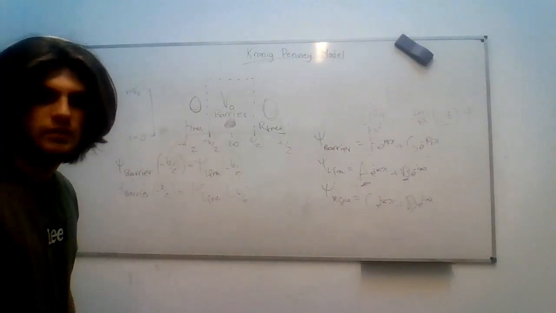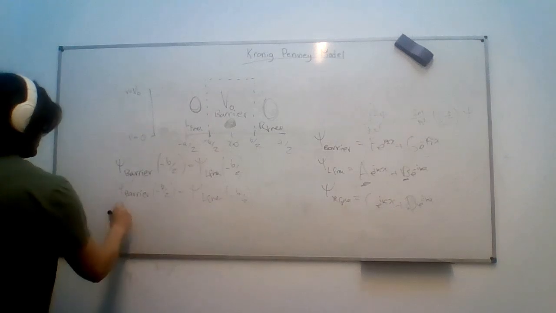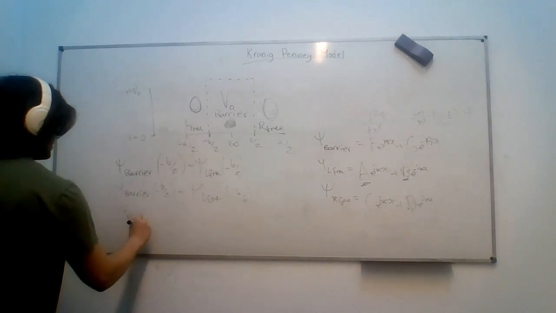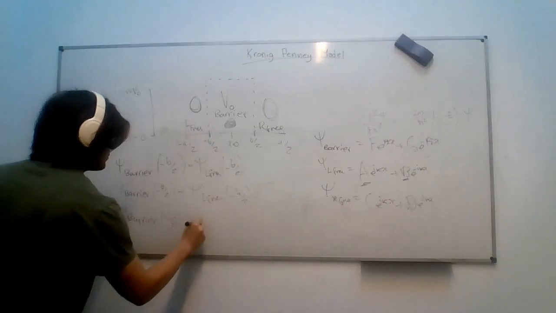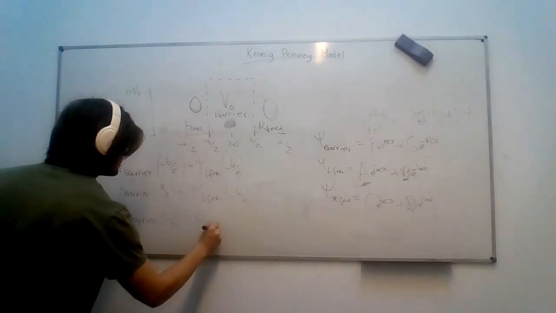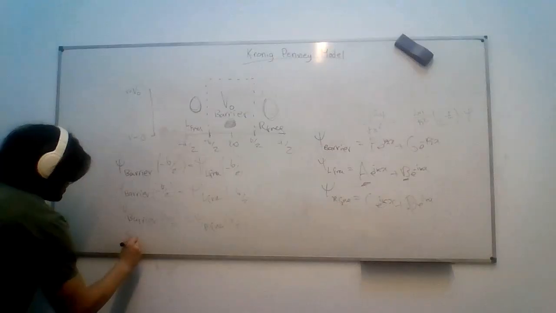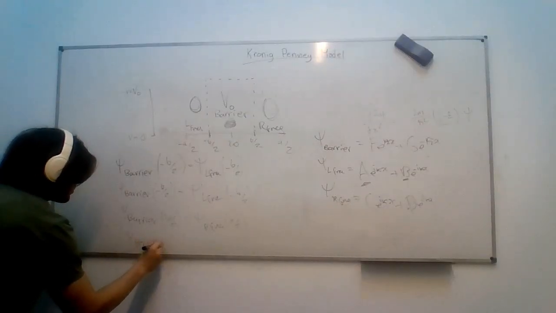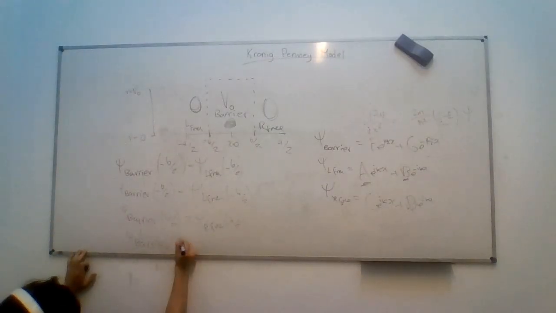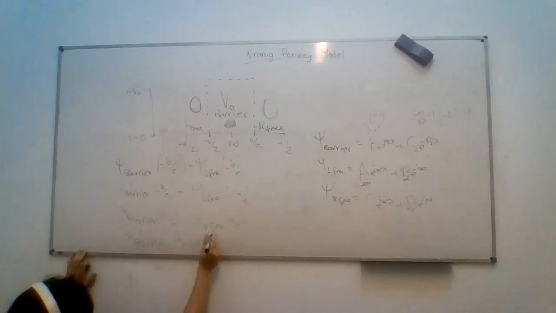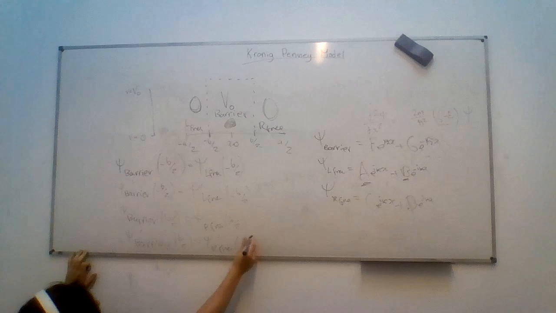Exactly the same expression. And the reverse is true for the other side, so psi barrier of b over 2 is equal to psi R free at b over 2, and psi barrier prime, its derivative at b over 2, must be equal to the derivative of psi R free at b over 2.